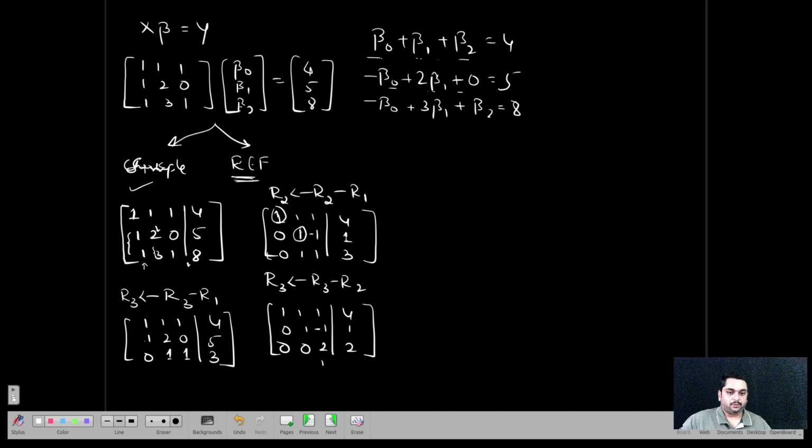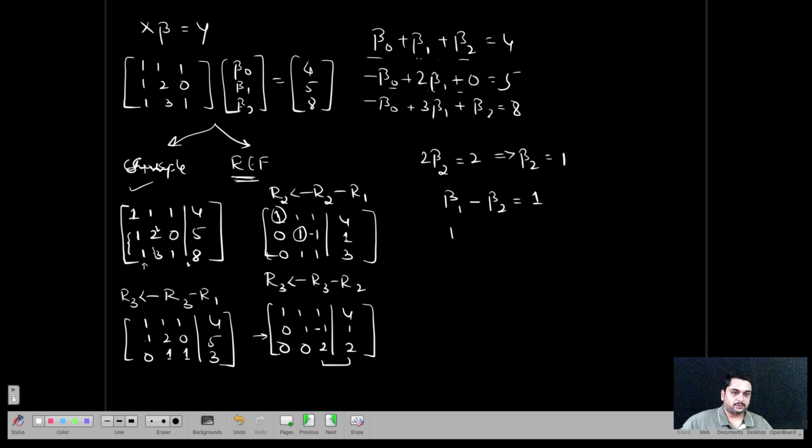So now you can directly get my values. This is nothing but beta 2 is equal to 2, so 2 beta 2 is equal to 2. This implies beta 2 is equal to 1. Then from the second row, this is beta 1 minus beta 2 is equal to 1.